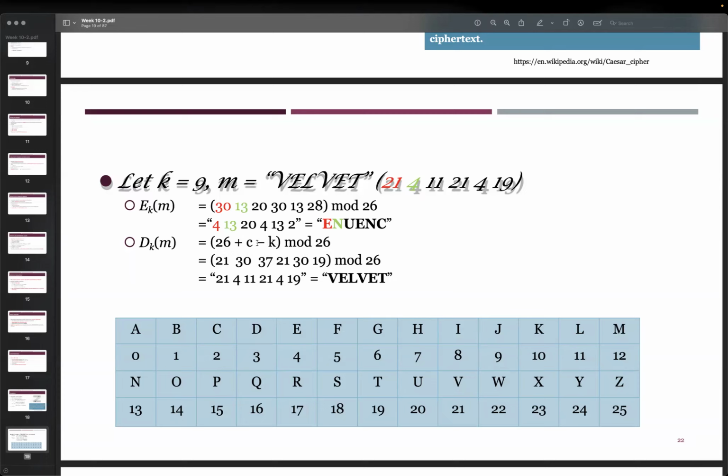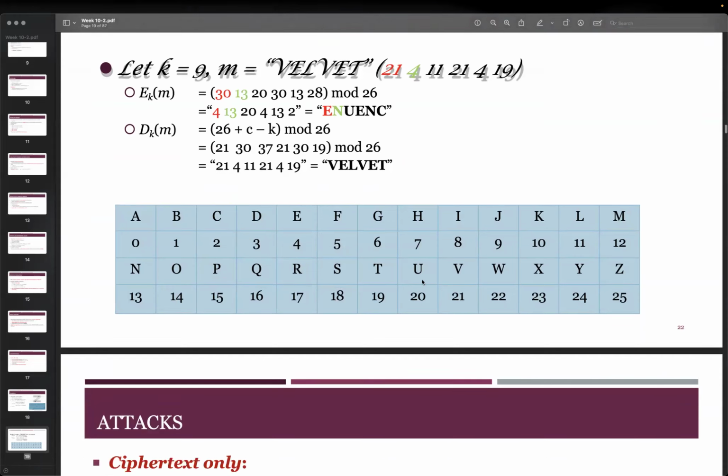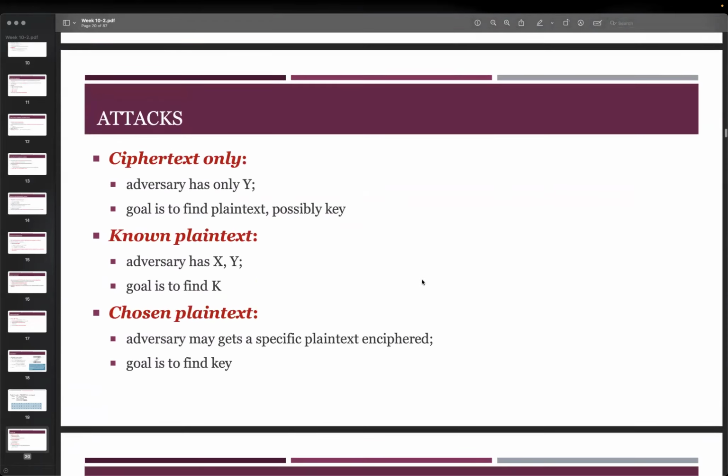We also add back the 26, and we mod 26 again, so we will convert back to 21. Pretty straightforward, and then we will get all the values back. This is how we can decipher it. Everything just follows the tables, and then we are able to do that.